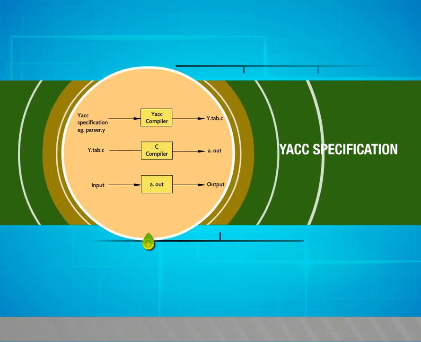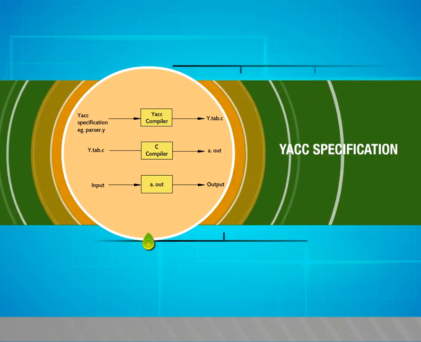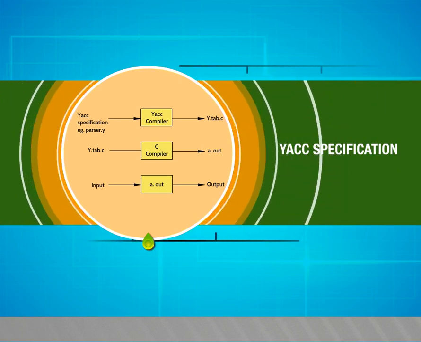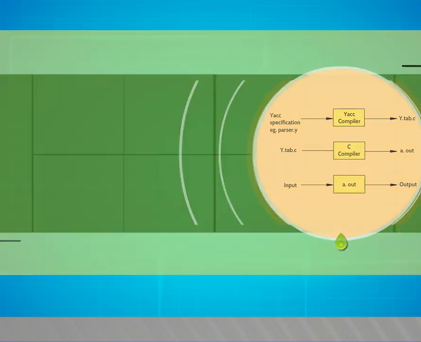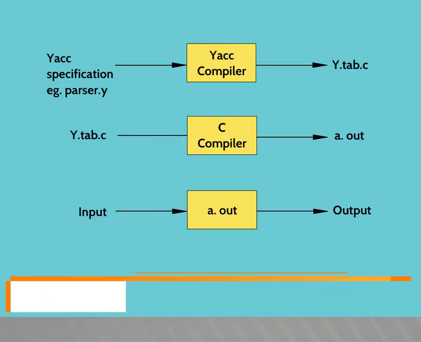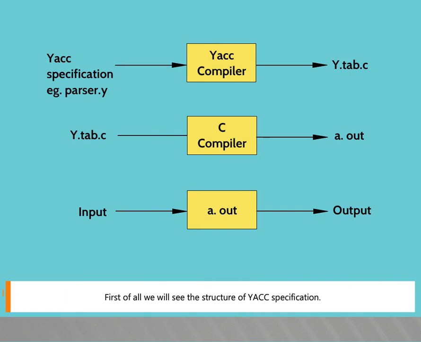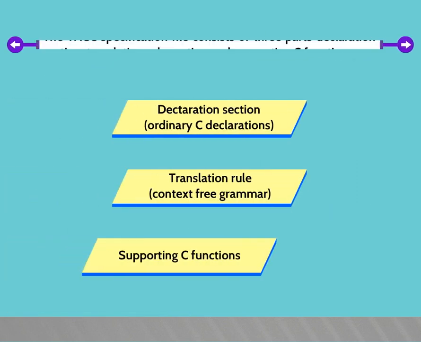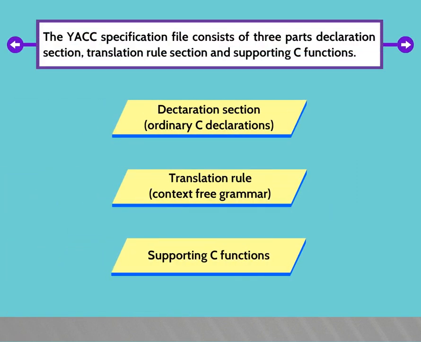In this video, we are going to see about YACC specification. First of all, we will see the structure of a YACC specification. The YACC specification file consists of three parts: declaration section, translation rules section, and supporting C functions.